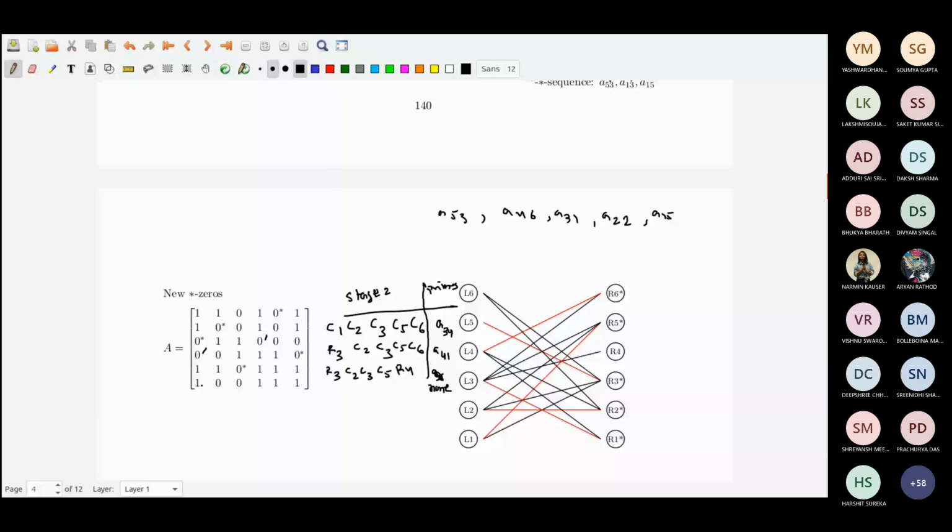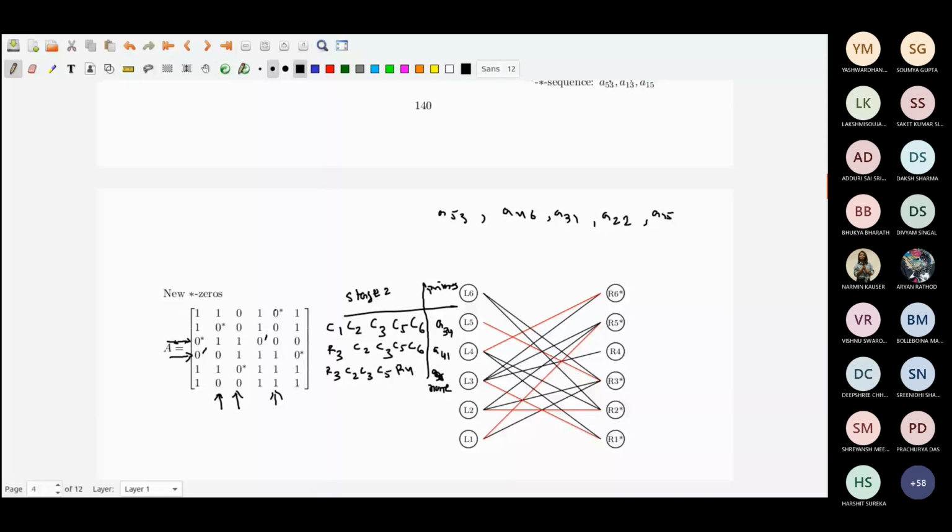Any zero that you are seeing over here, I am seeing it is covered, so let me cover it actually, then you will see. This is R3, R4, and then C2, C3, and C5. So that covers all the zeros. Any zero that you are seeing, either they are in these two rows or in these three columns.